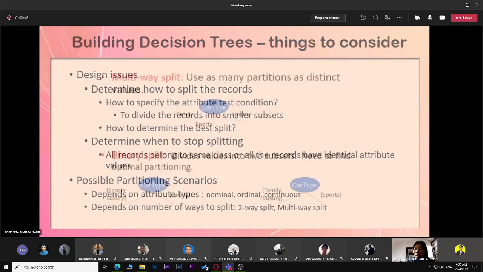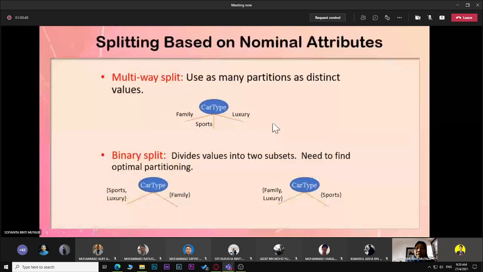This will be examples of how the algorithm makes the split. It's based on the nominal. If it is nominal, we would have multiple ways to split, and it could be two-way binary like we have done just now.